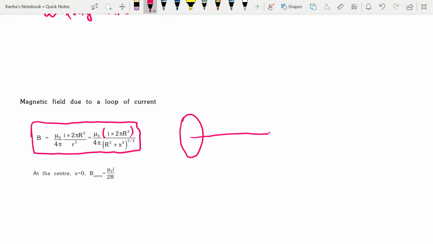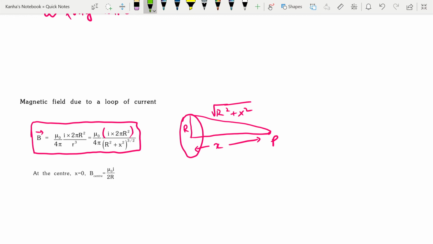So you have a point, let's say P, and you need to find the magnetic field at this point. You have your radius given by R, the distance given by x, and this hypotenuse becomes root of R square plus x square. So due to the loop of current, my magnetic field at any point P is given by mu naught by 4 pi into I cross 2 pi R square divided by (R square plus x square) to the power 3 by 2.